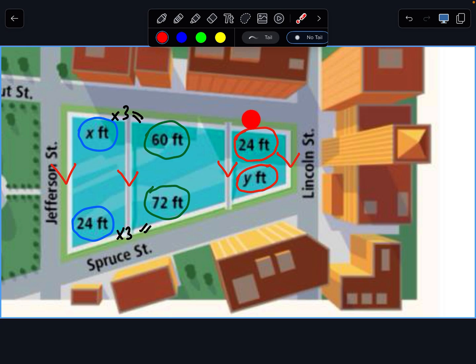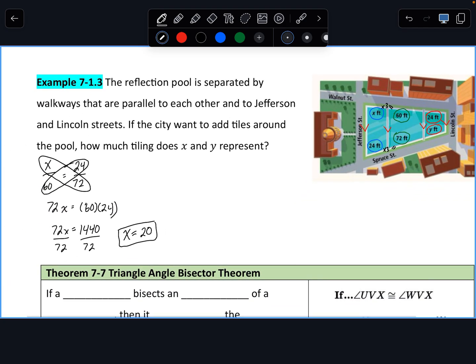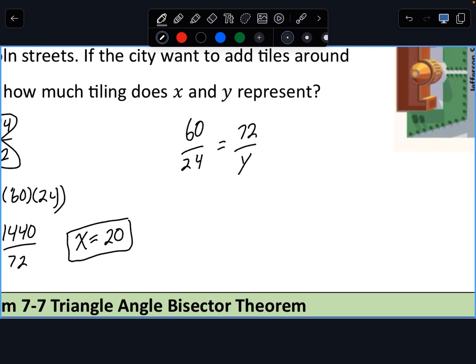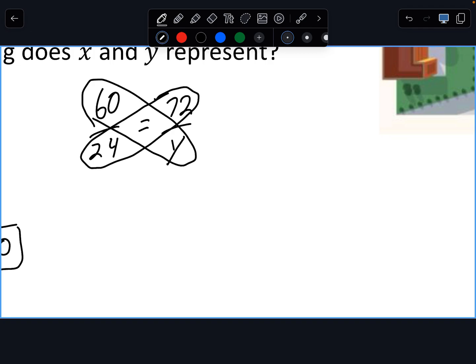We can't see that as clearly, but we can still set up a proportion to solve. I can say 60 over 24 equals 72 over Y, and we'll solve just fine. We will get a decimal, but that's okay. That's just because the relationship is not a whole number relationship. And then we can cross multiply and solve. Once you set up the proportion, the solving process is always the same. Just cross multiply.